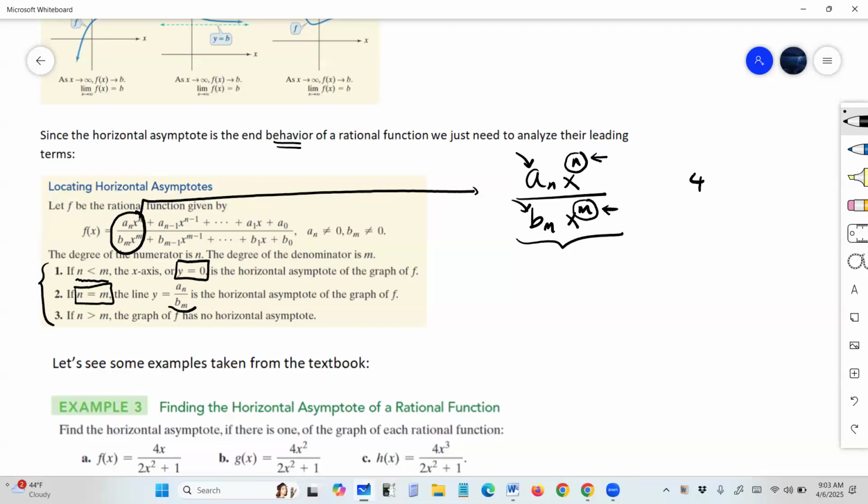Okay, so for example, if I had 4x^7 over 2x^7, then the horizontal asymptote would be, since these two exponents are the same, 4 over 2, y equals 2.